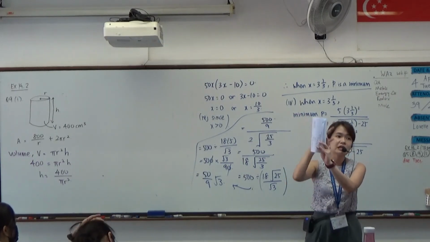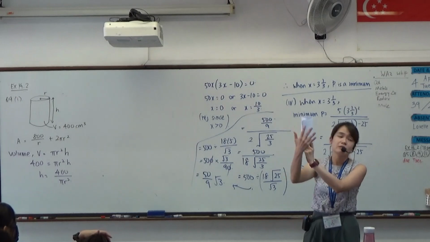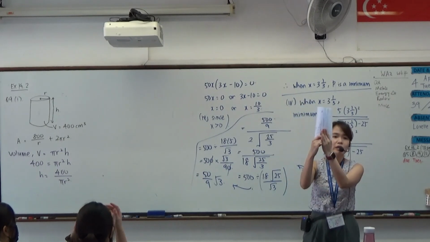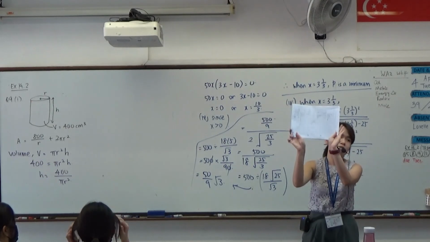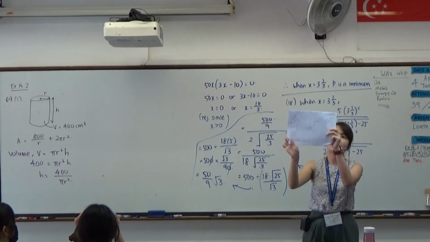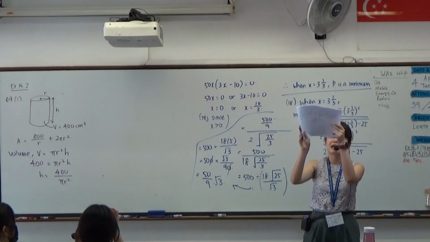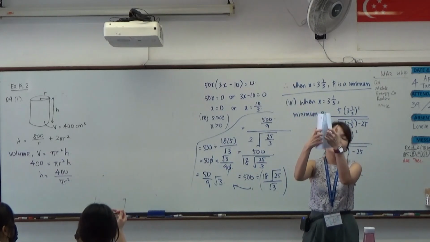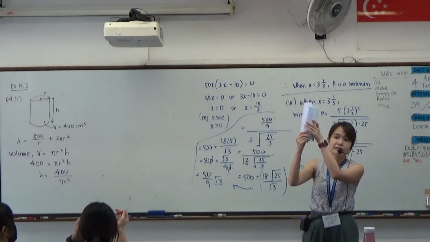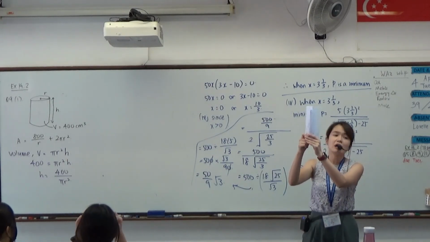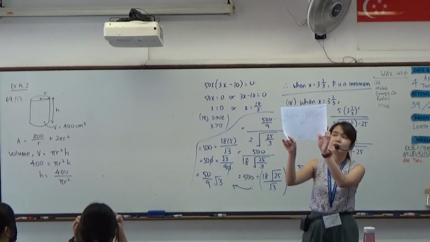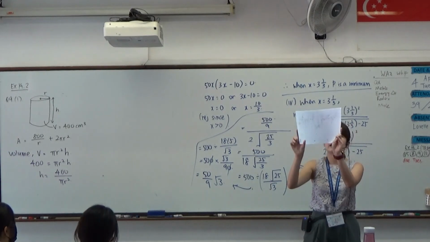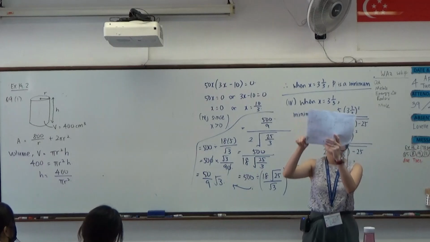Then there is the curved surface part, which you tend to forget. But if we know how to roll the paper, we know that when we roll it out, it is a rectangle. When we roll out, the length is the circumference of the circle, and the breadth is none other than the height of the cylinder. So, area of rectangle, length times breadth: your length is the circumference of the circle, 2 pi r, and your breadth is the height.